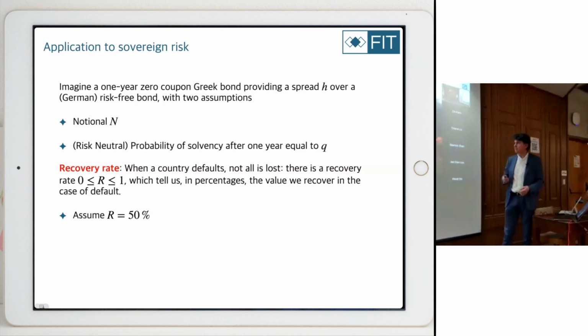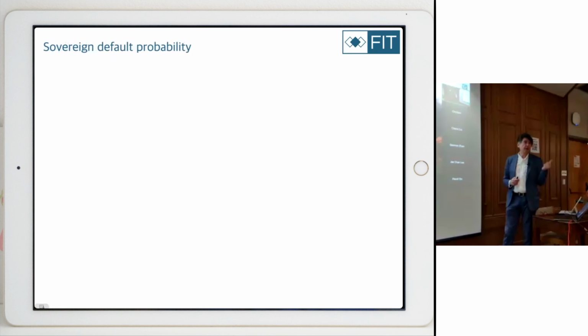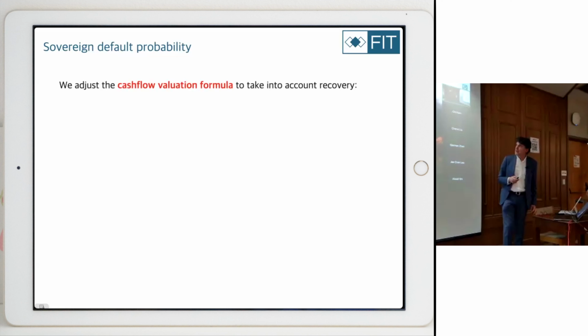Okay, so if that's the case, then let me do the following calculation. I'm going to write down my cash flow valuation formula, taking into account a country and possible recovery. No coupon payments, I'm going to make it easy. I have a notional, I have the probability of default, I have my riskless interest rate, okay?